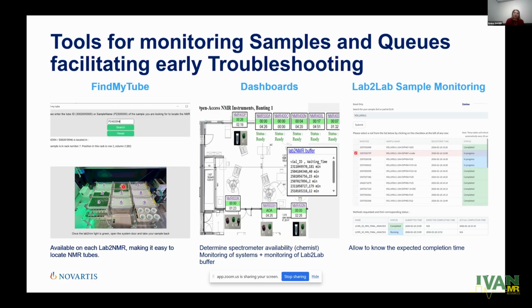We created a tool, Find My Tube, where the chemist just needs to put in his spectrum number. Once he puts in the spectrum number, he clicks on search. This tool will tell him your tube is in rack 4, for example, in position B2. Then he just needs to go to B2, take the tube, and check if the barcode given here is the same, and then he easily finds the tube.